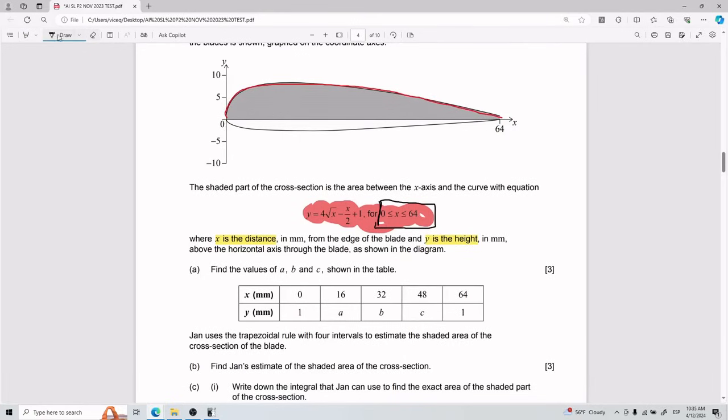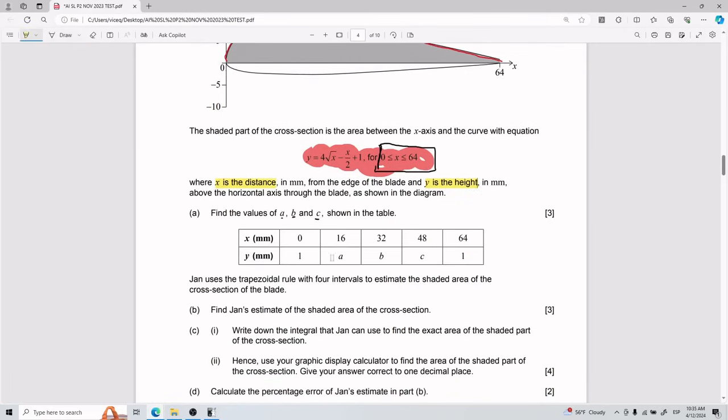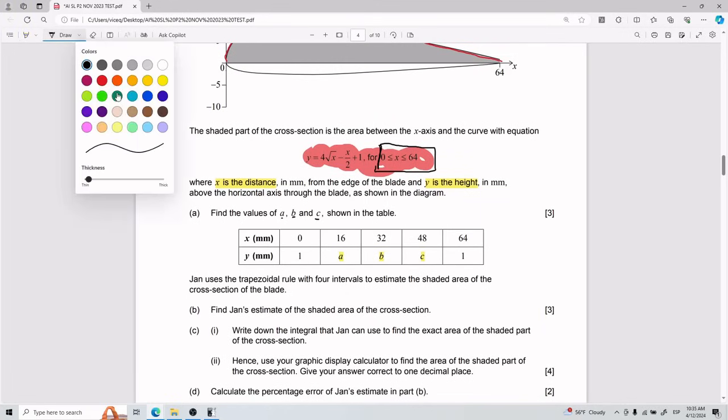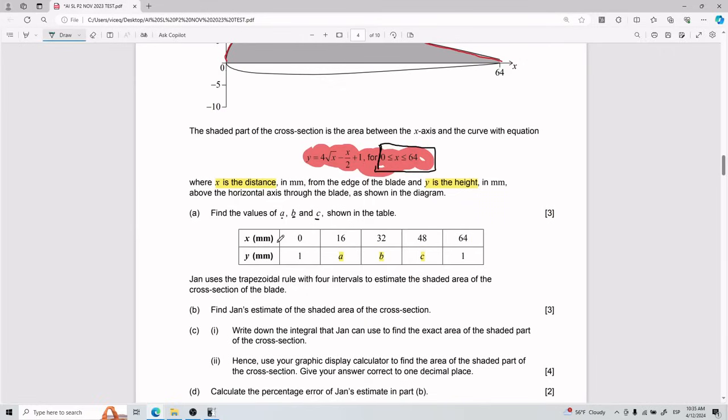For part A, we need to find the values of A, B, and C that are shown in the table. And how would you find A, B, and C? Well, let's first understand what this table is telling me. Notice how it's an x of 0 and a y of 1. So this point here is 0, comma 1.